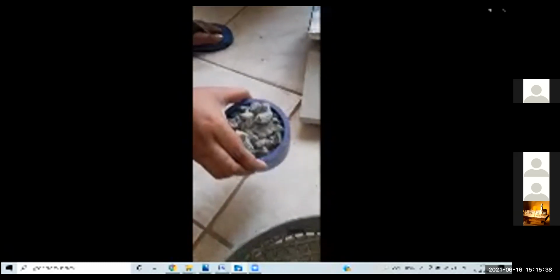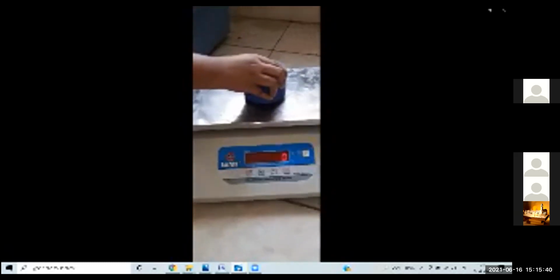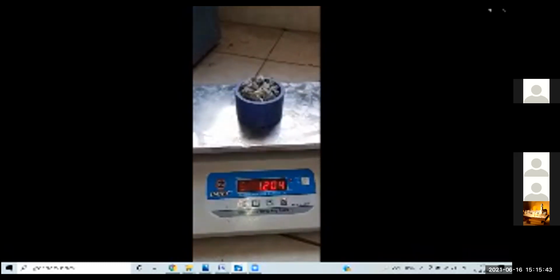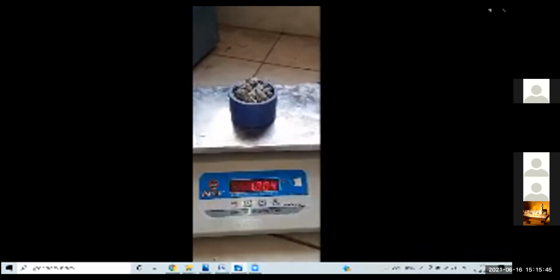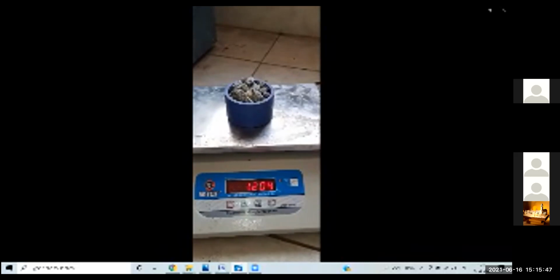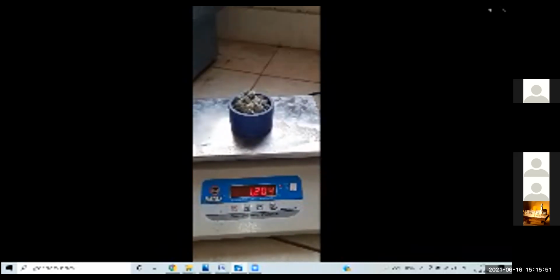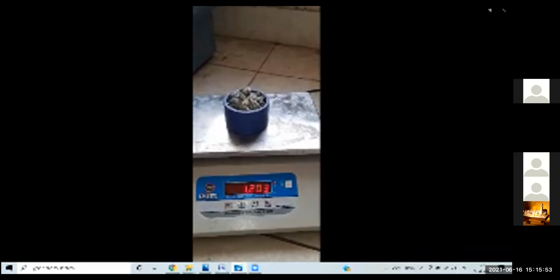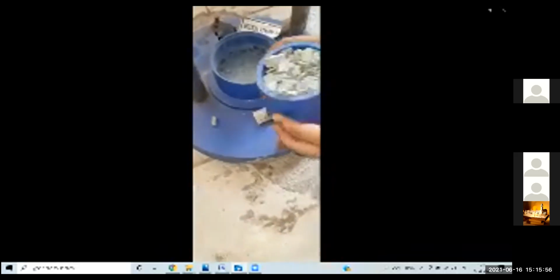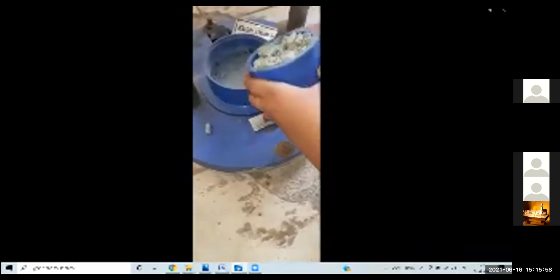After the tamping in 3 layers, measure the weight. Weight is 1.204 kg. Now the sample is ready.